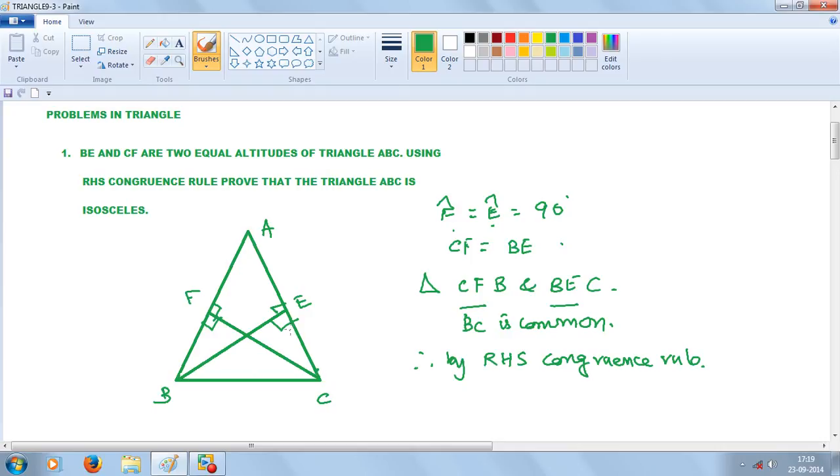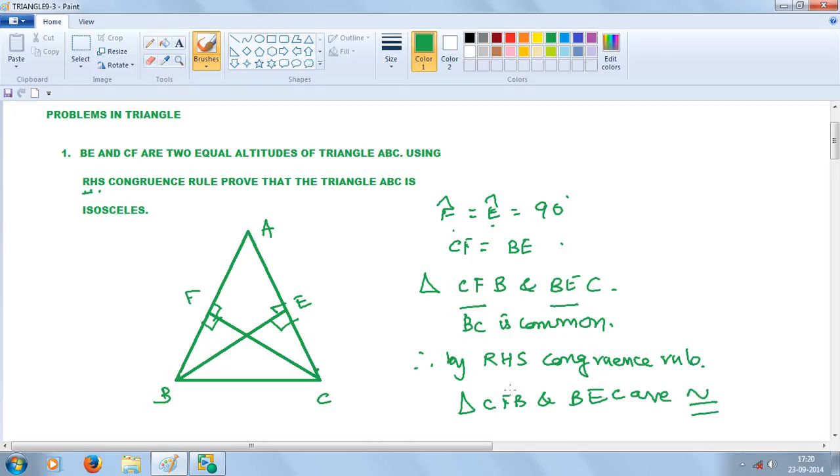CF is equal to BE. Hypotenuse side, both we know. Perpendicular, 90 degrees, that is also a condition. So by RHS congruence rule, triangle CFB and BEC are congruent.